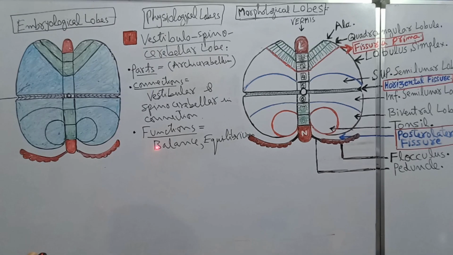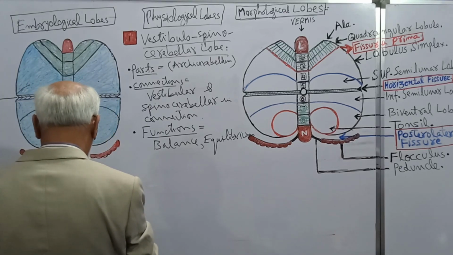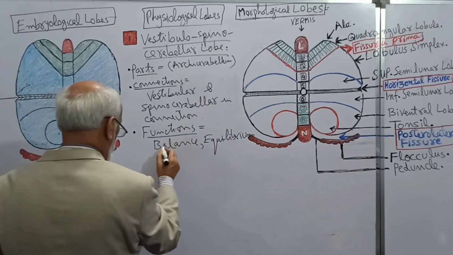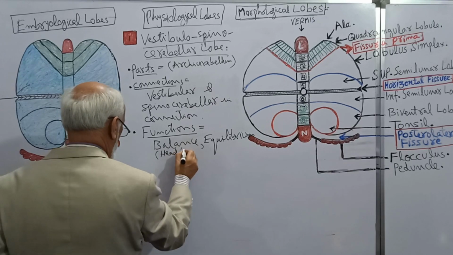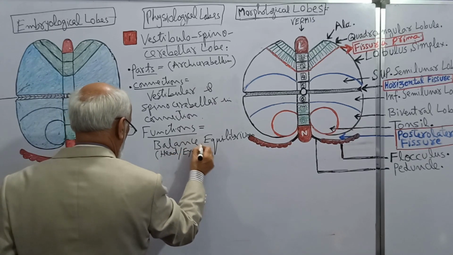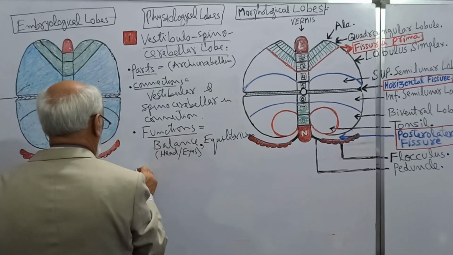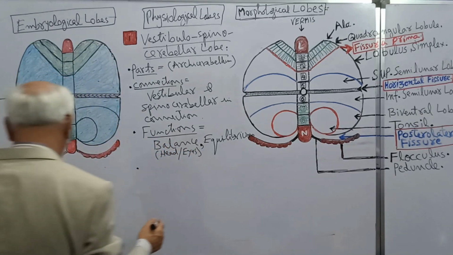The vestibulospinocerebellar lobe is responsible for balance and equilibrium, and balance especially of the head and eyes.